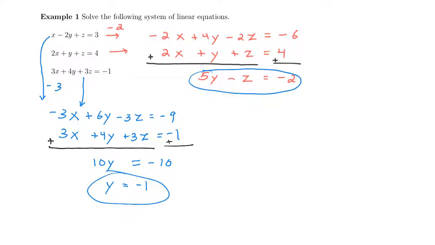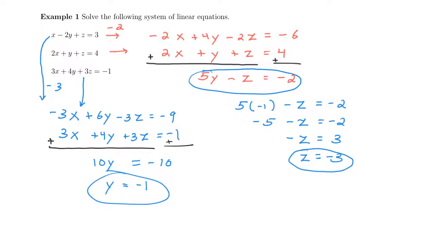This is going to allow me to solve for z, so let's do that next. I have 5 times -1 minus z is equal to -2, or -5 minus z is -2. Adding 5 to both sides gives me -z is equal to 3, and dividing both sides by -1 gives me z is equal to -3.